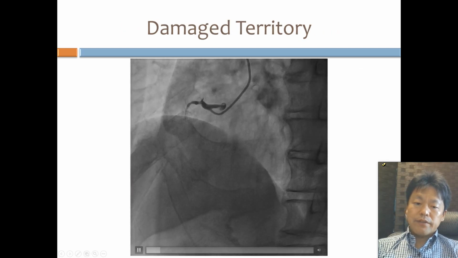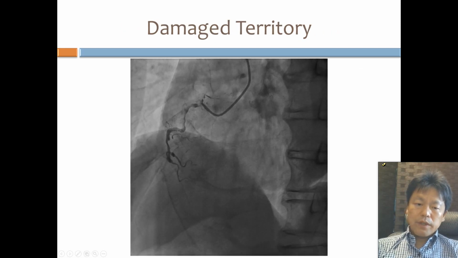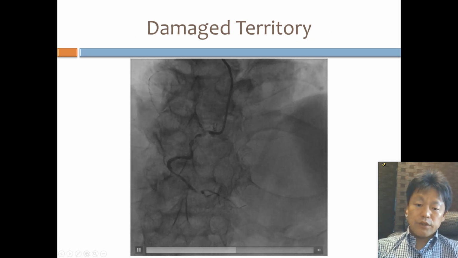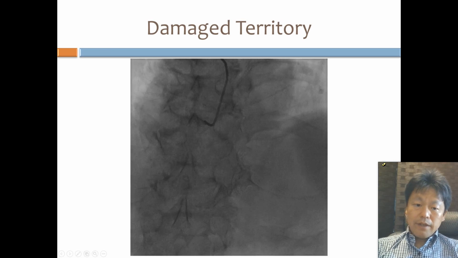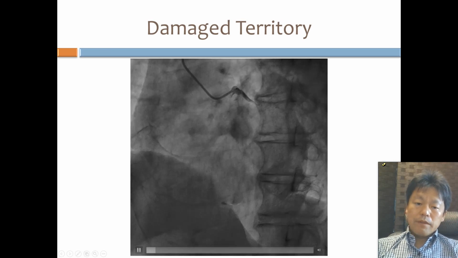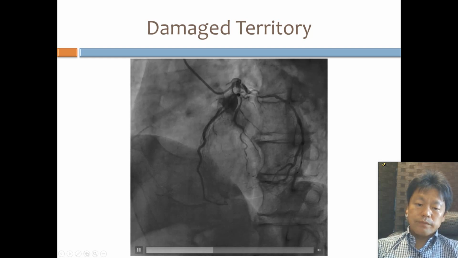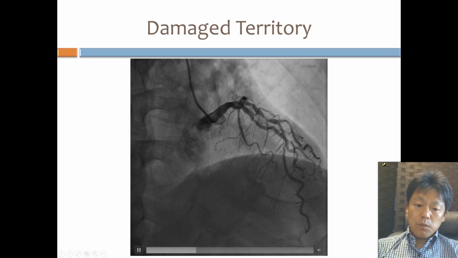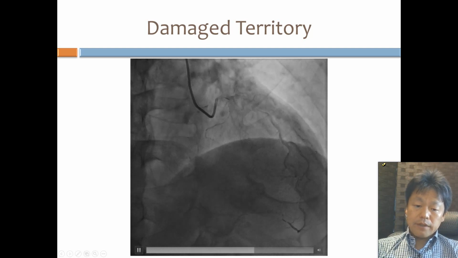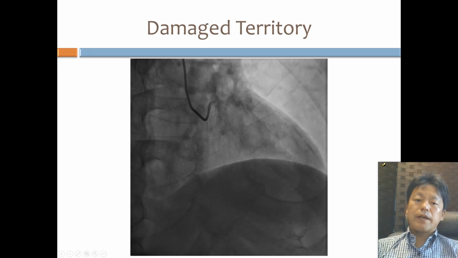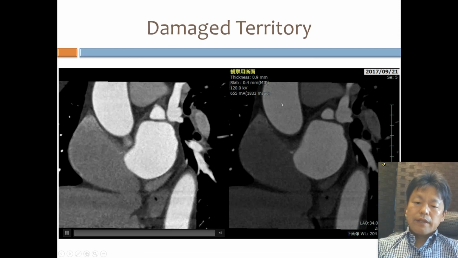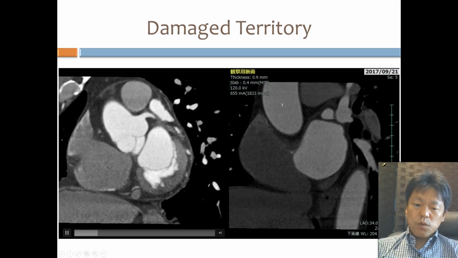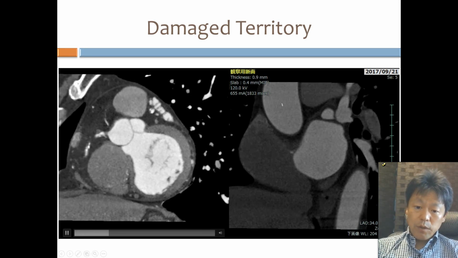Another interesting case: a coronary total occlusion after myocardial infarction of the RCA, with almost no collateral flow. You can see just the septal here. Why? The answer is here. CT shows myocardial damage is quite severe in the inferior wall.